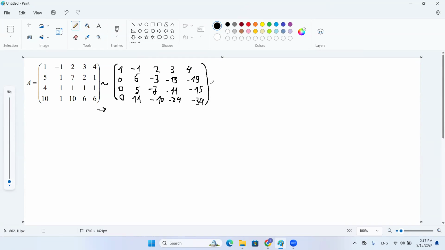So now we need to get zeros here. Actually, we won't achieve them for the first time, so now we'll simplify it. The first row is without changes.